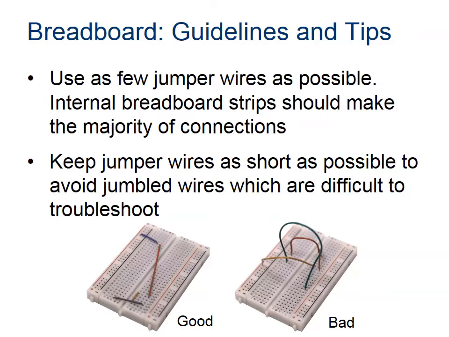But because we are doing so many different kinds of connections, we're probably not going to be cutting to length like you would see in the good connection. Ours are probably going to look more like that, and that's okay. You're not going to get graded on what looks good or bad, just if it works. If you are a professional creating circuits, you probably want it to look a little bit more like what's on the left.